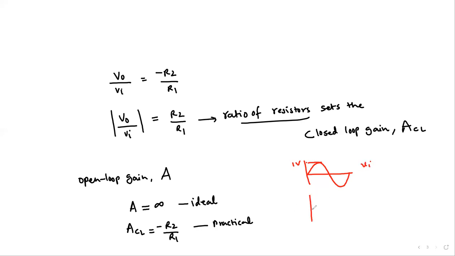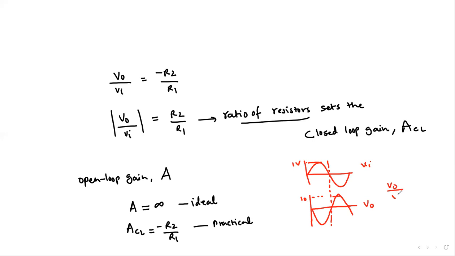And if the amplifier has a gain of 10, which is set by the ratio of R2 over R1, we can have the output voltage representation like this. This is your output voltage, and the peak value would be 10 volt.